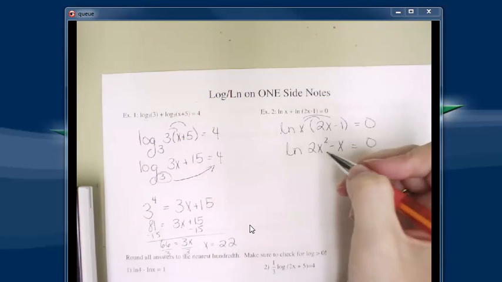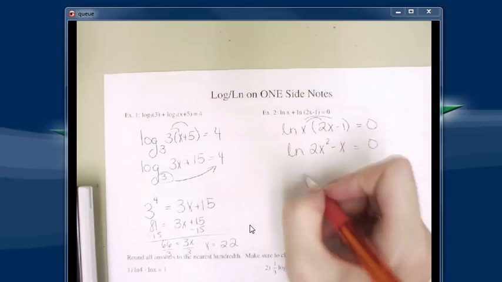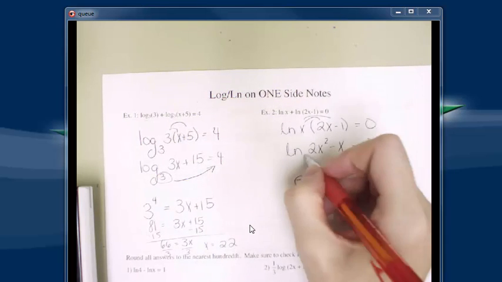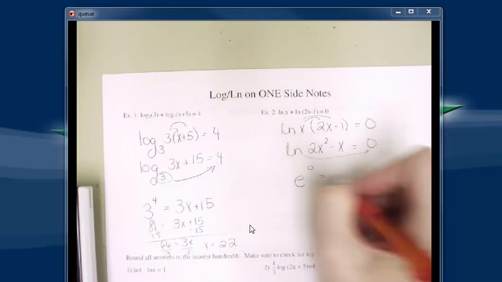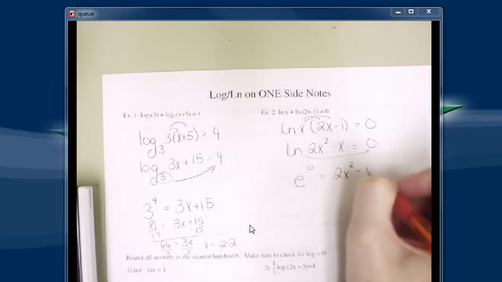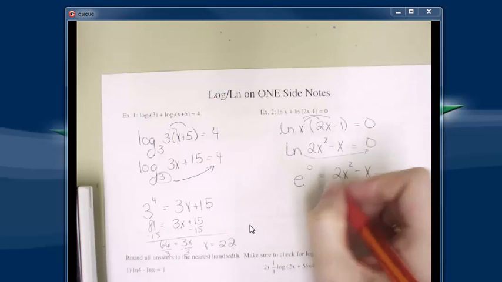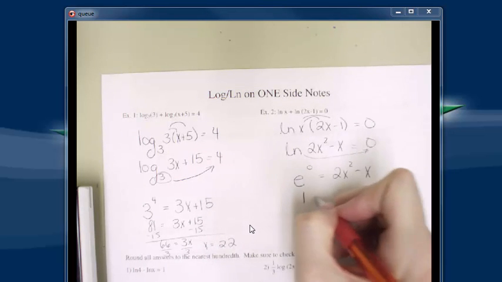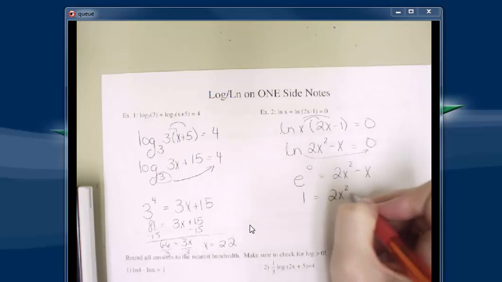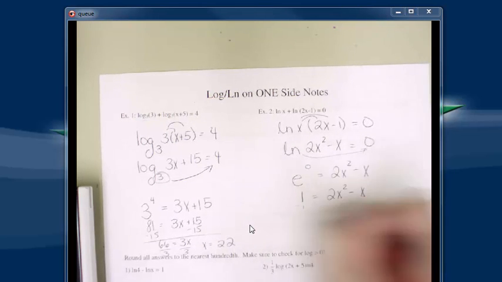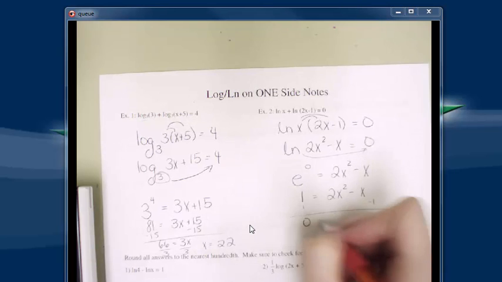Now, it doesn't say it there, but we remember base of a natural log is e, loop over to the 0, is 2x squared minus x. E to the 0 is 1.